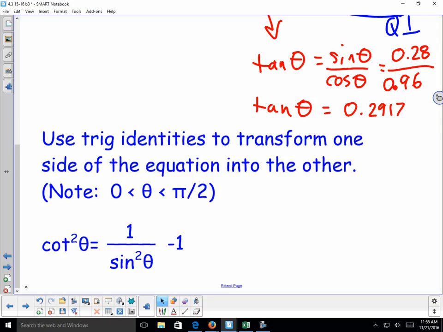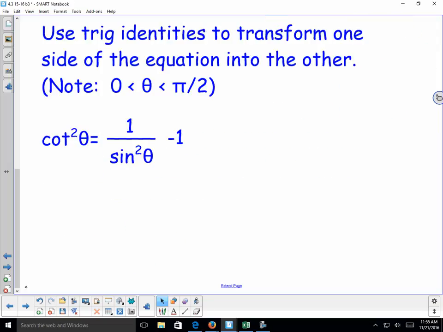In chapter 5, sections 5.1 and 5.2, which we're not going to get to until January or so, you will need to have the basic trig identities memorized, these fundamental trig identities. And a lot of what we do is going to be to try and transform one side of a more complicated trig identity into the other side.